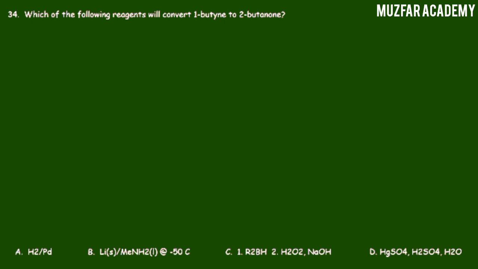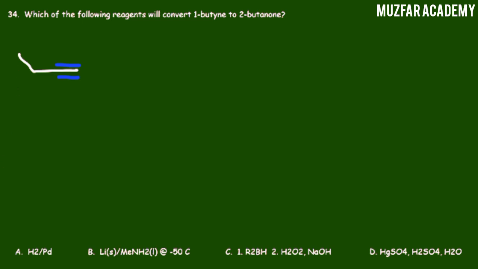Now, let's move on to 34. Which of the following reagents will convert 1-butene to 2-butanone? So let's draw a picture. So here we have 1-butene. We can see we have a total of 4 carbon atoms.